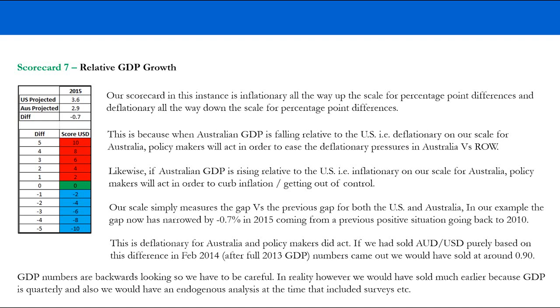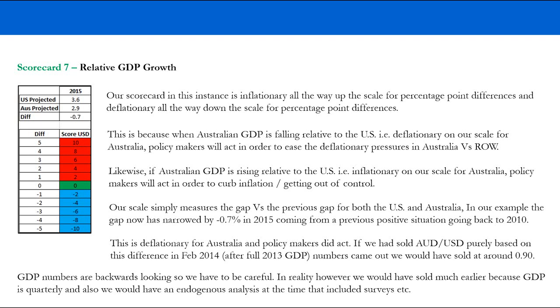That's what we're expecting to happen in the future. And that's coming from a previous positive situation in 2014 and also going back to 2010. So if you check through the numbers in the spreadsheet, you'll see positive numbers in 2014 going back to 2010. So this is deflationary for Australia relative to the United States and the rest of the world.